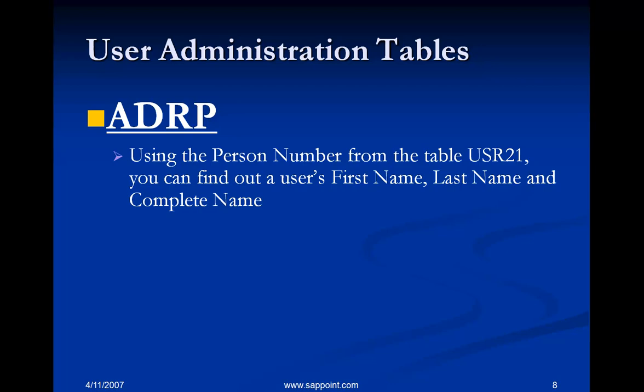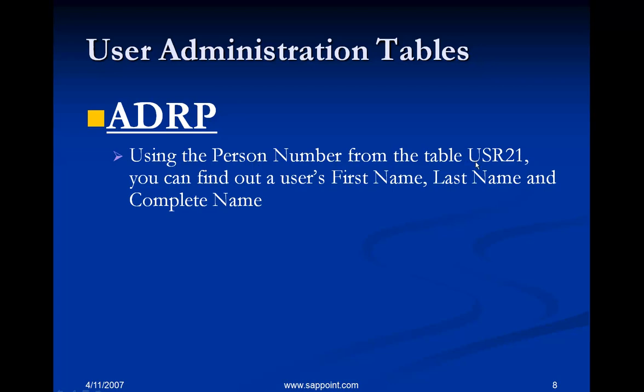So from the table ADRP, you can basically find out the first name, last name, and the complete name of a particular user. It's not a very straightforward mechanism, because to use this ADRP table you need the person number.